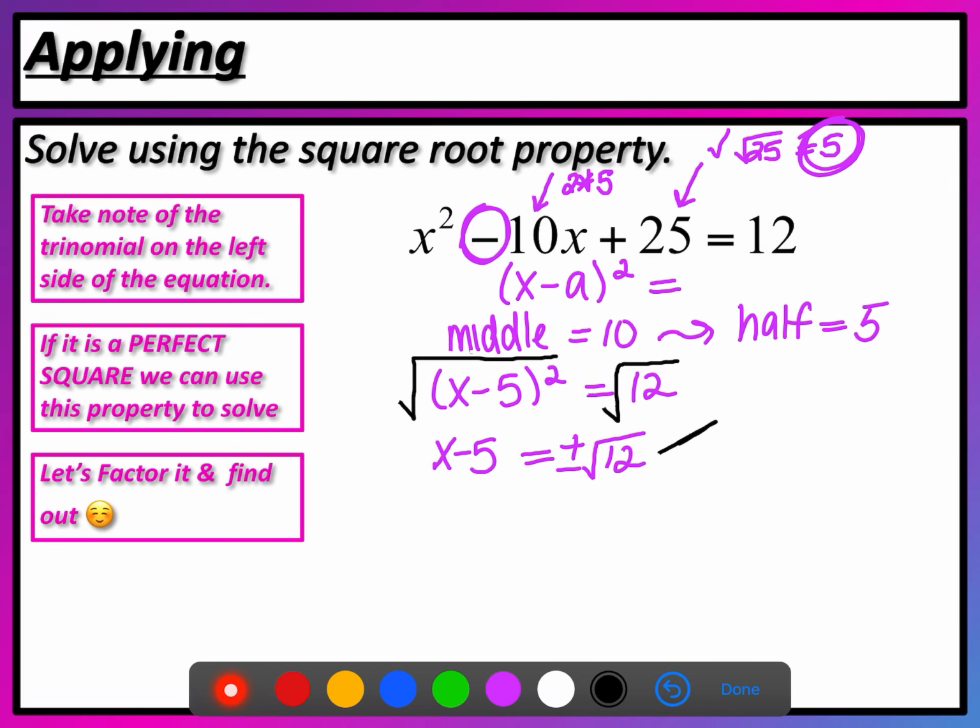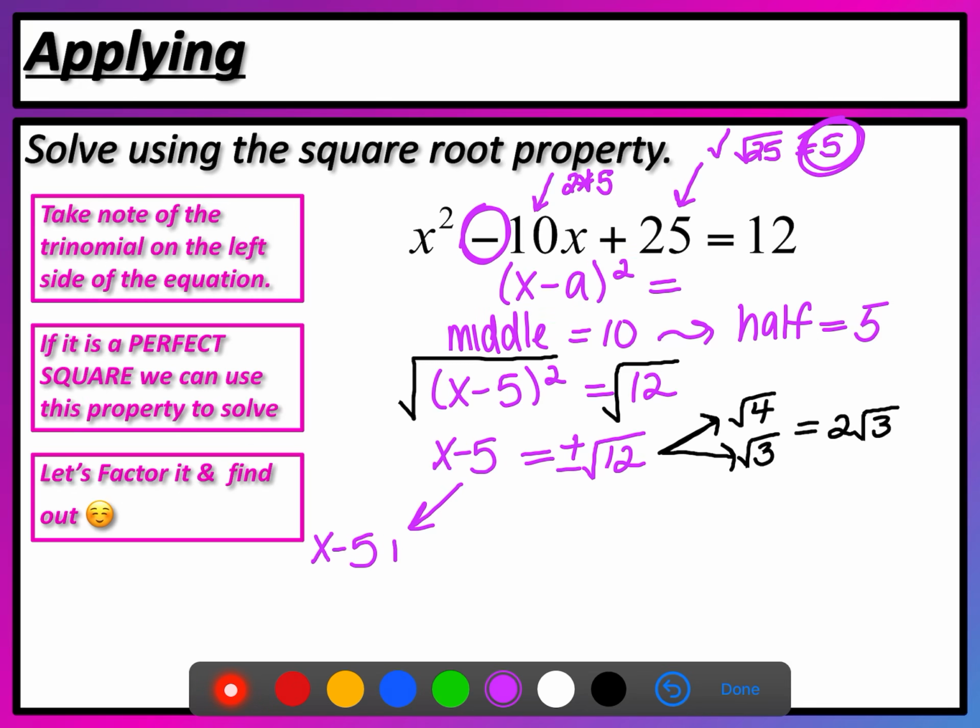Okay, before I split this into two equations, I can simplify this square root. Square root of 4 times square root of 3. Okay, that equals 2 square root of 3.